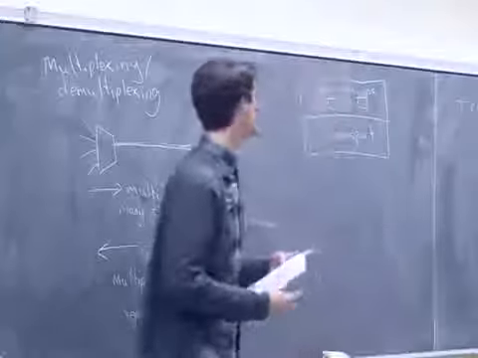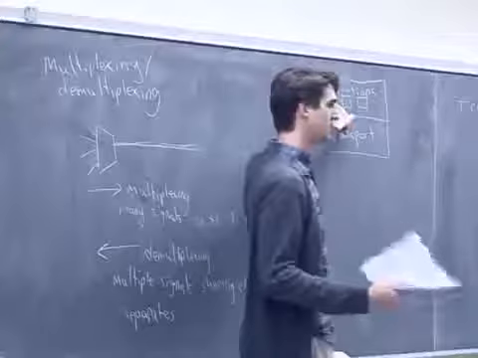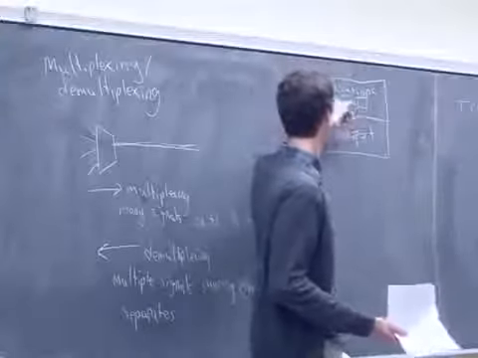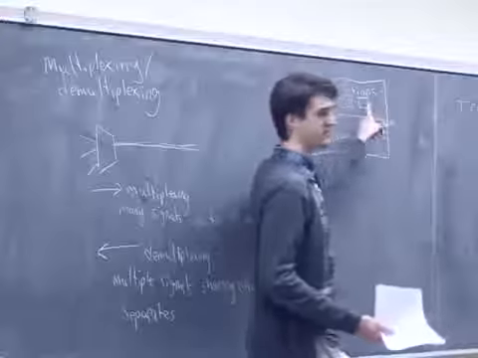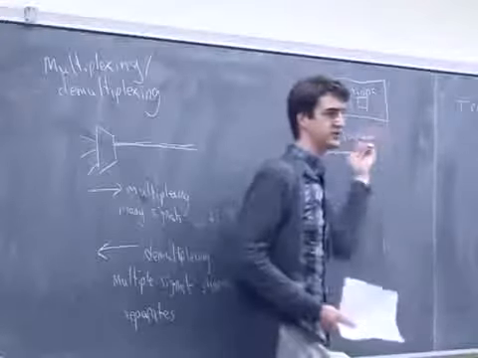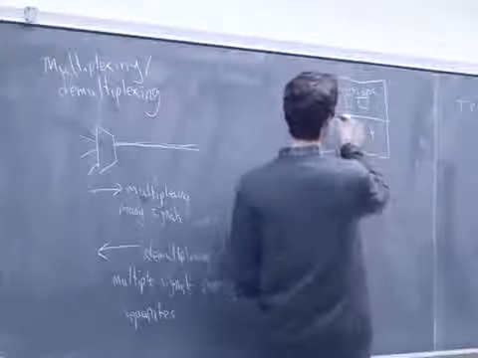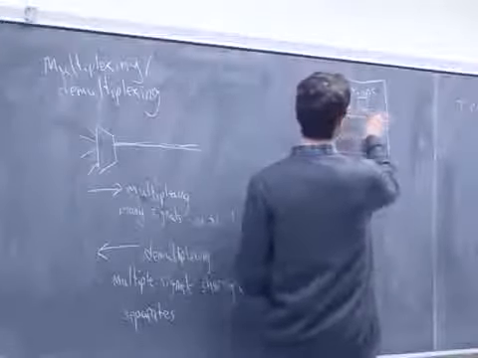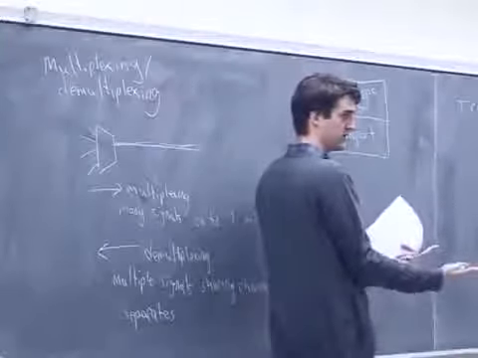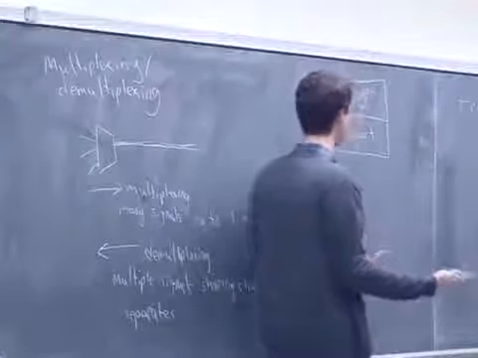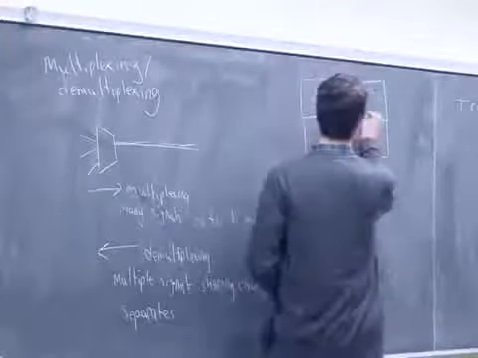So for instance, this may be a web browser, this could be like AIM, some sort of instant messaging, this might be Skype, and this might be like Pandora or some sort of streaming radio service, okay? So you have all these, and now we need to combine all their flows into one. We only have one network interface on most computers. So we need to combine those into the same network interface.